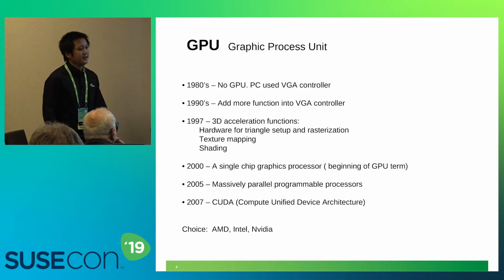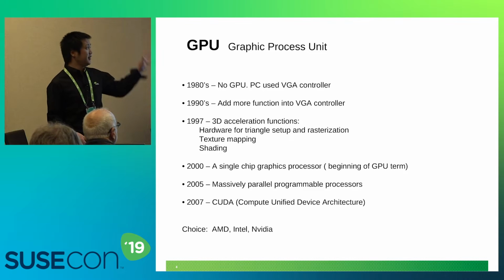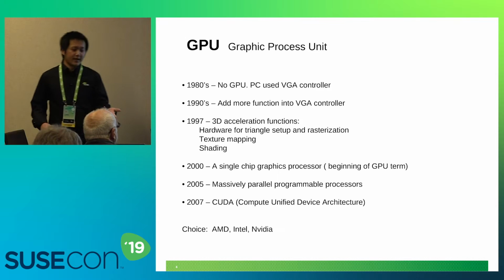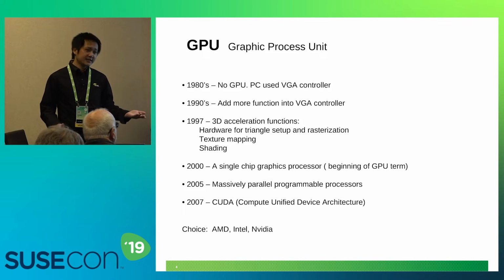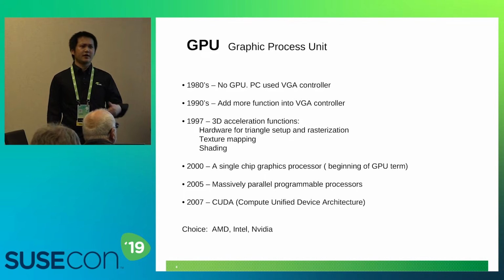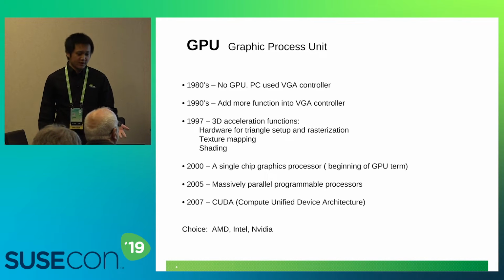GPU. I think we all know GPUs today. And here's just a timeline about GPU. From the 80s, there was not a GPU idea, it was just a VGA. And I think earlier than that, there was not even VGA, it was just the CPU doing all this graphic work.